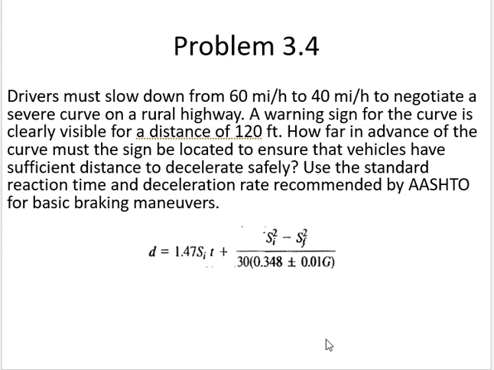They had to design a curve, but on this curve, the sight distance was not enough. So they reduced the speed from 60 to 40. They want to place a warning sign so that the driver can reduce the speed. If he goes at 60 miles per hour, there is not enough sight distance for him. It will be dangerous.